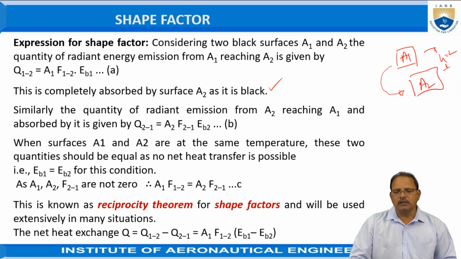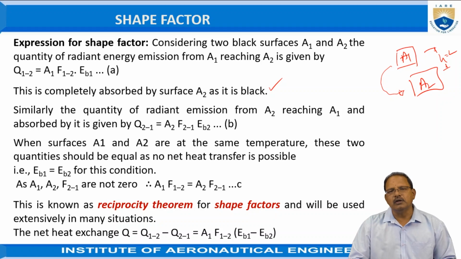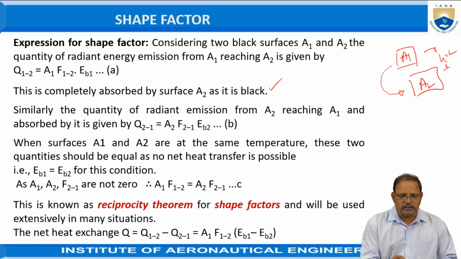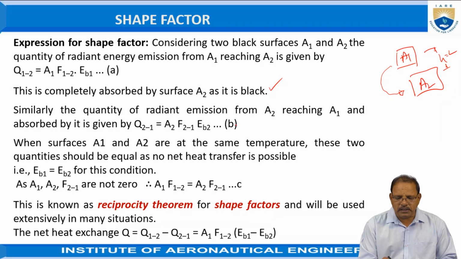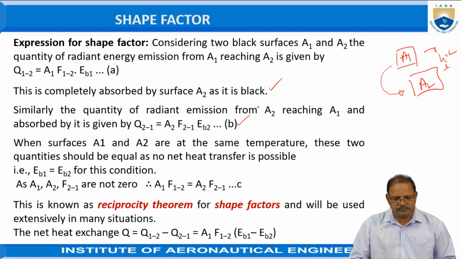Since it is a black body, the energy coming from A1 is completely absorbed by A2. But A2 is also a black body, hence it is also emitting energy from its surfaces. The amount of energy received by A1 from A2 is given by Q21, equal to A2 into F21 into EB2. This is represented in equation 2.